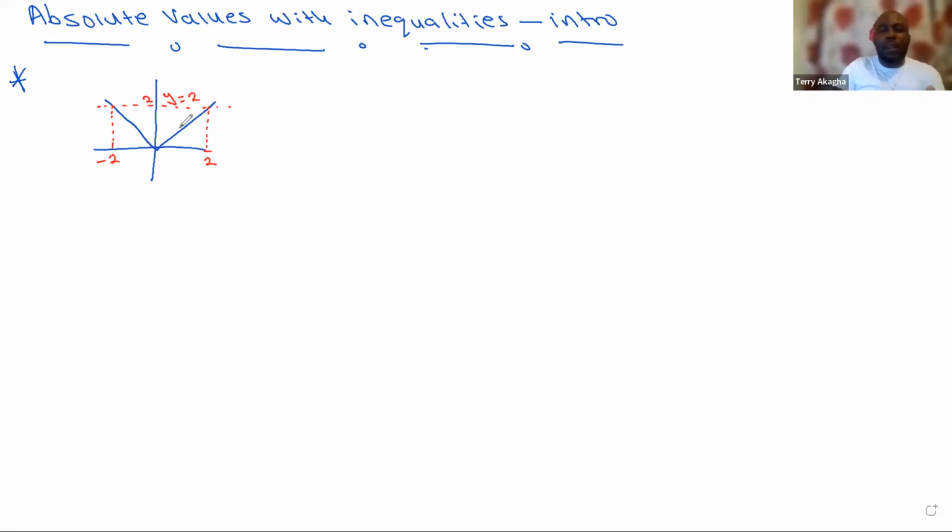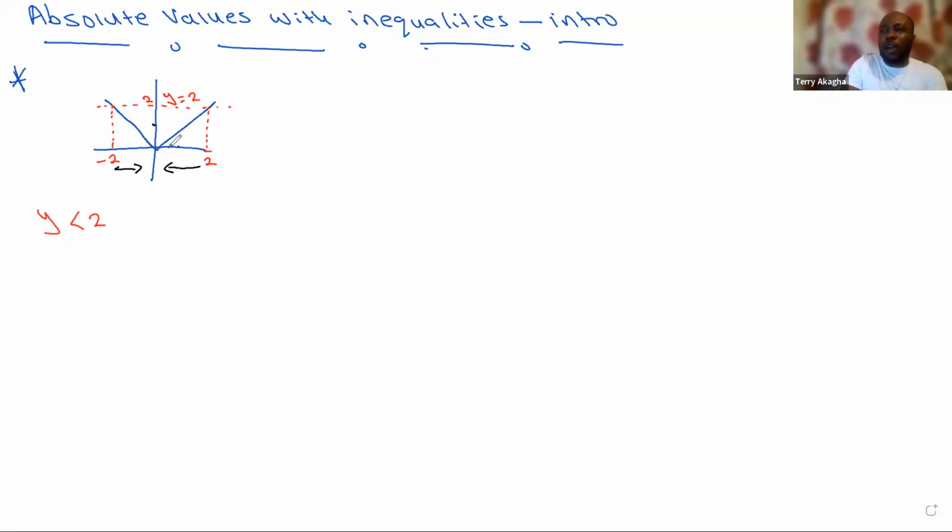So it demonstrates that if y is less than 2, it's possible that y can have values less than 2. So all the answers that we're looking out for will be in this region. For example, if it's -1, the answer is going to be here.